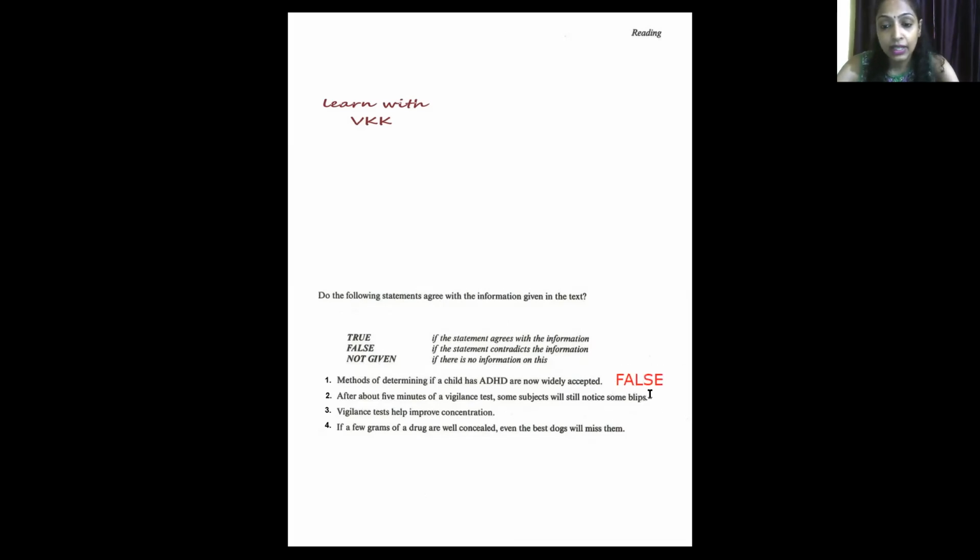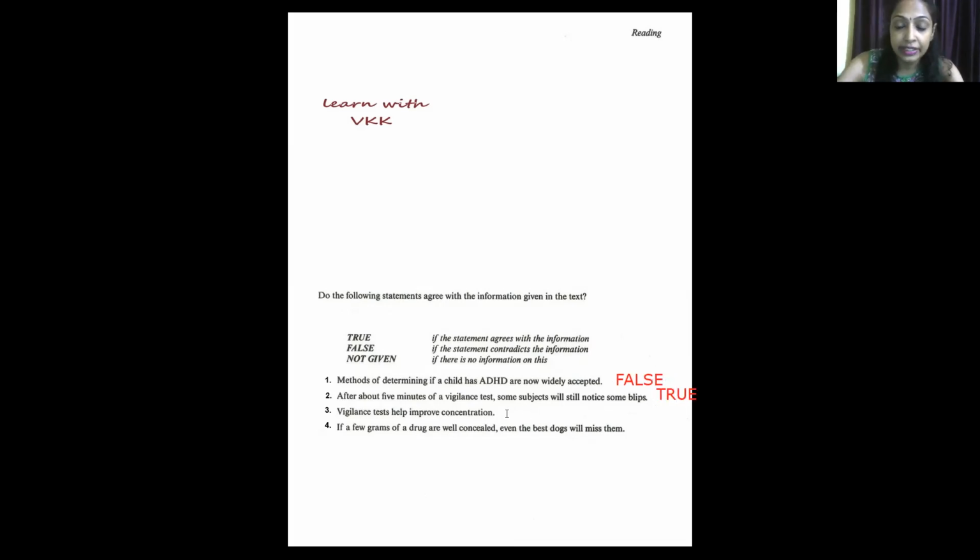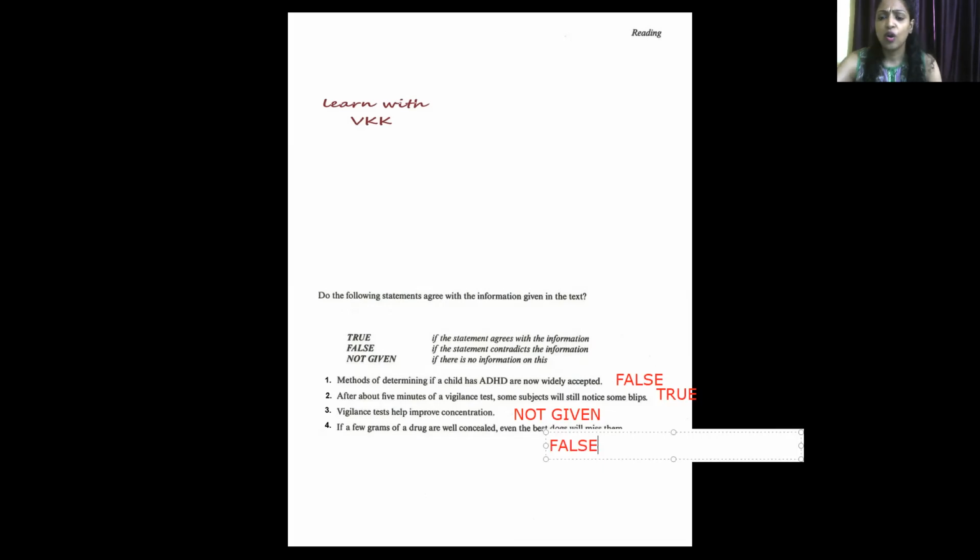I think, yes, this was true. This was not given. Yeah. And the last one was false again. If you notice, be it computer delivered or paper-based people, this is another tip. When you are responding to these questions, you can use all uppercase. I'm using block letters to write my answers.